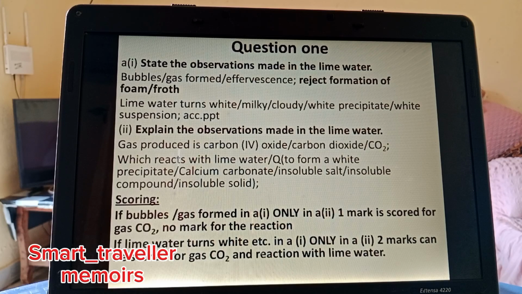All right. If lime water turns white, etc., in A1 only. In A2, 2 marks can be scored for gas CO2 and the reaction with lime water. So take that precaution, my dear teacher, when you are marking that question.